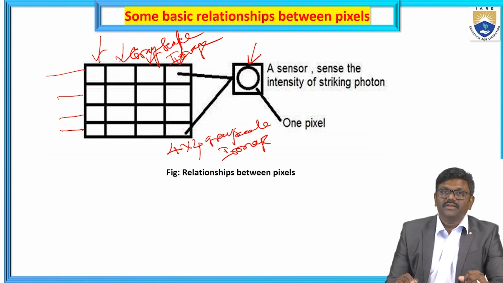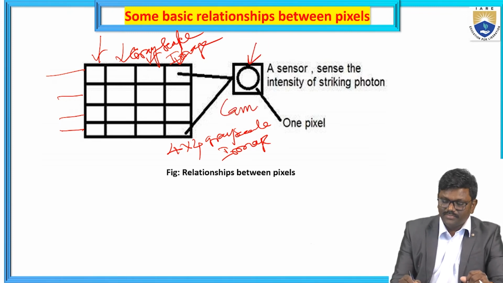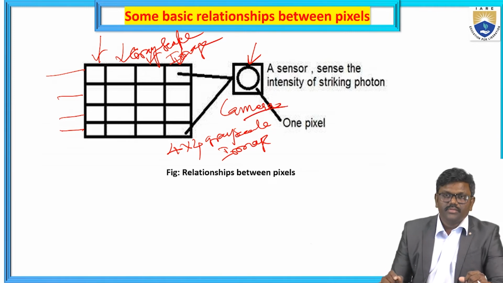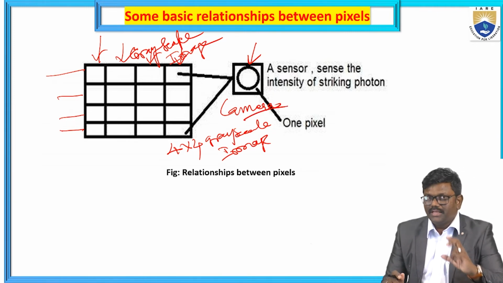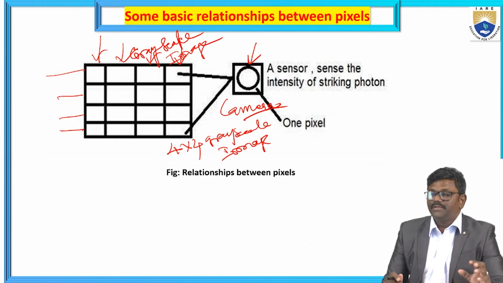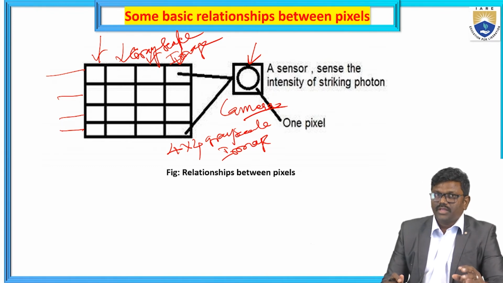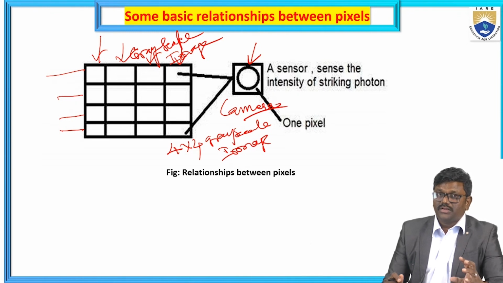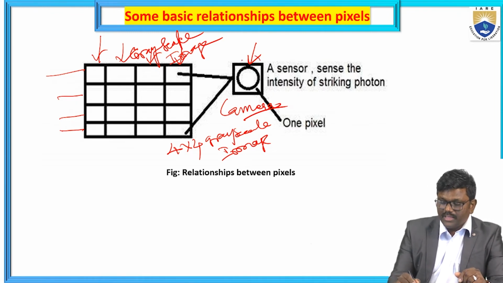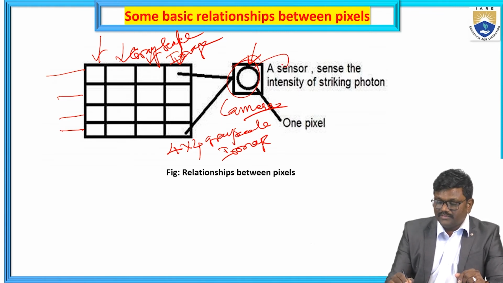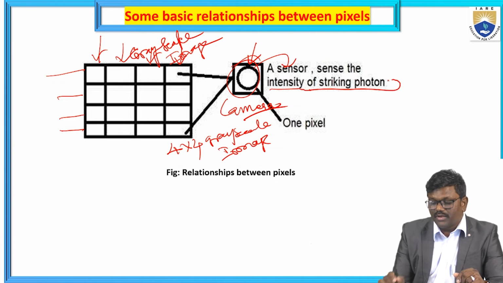What do you mean by sensor? A sensor means a camera, since we are studying a camera-based image. The sensor senses the intensity of the striking photon values.